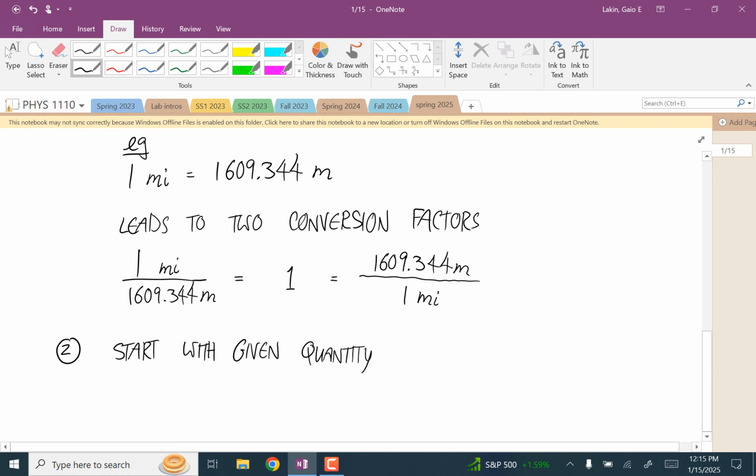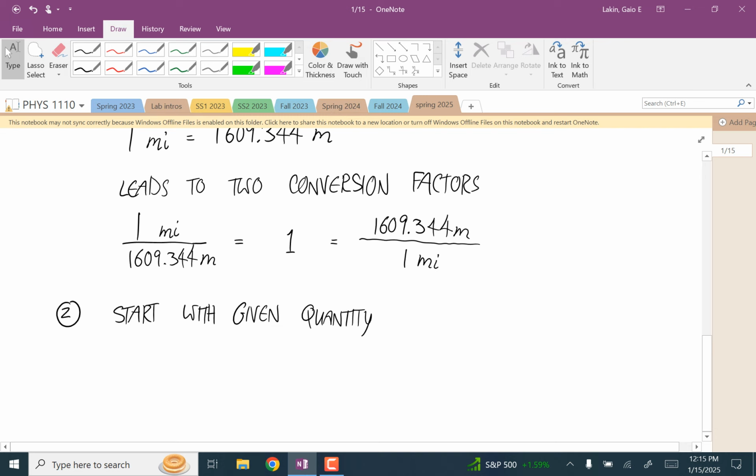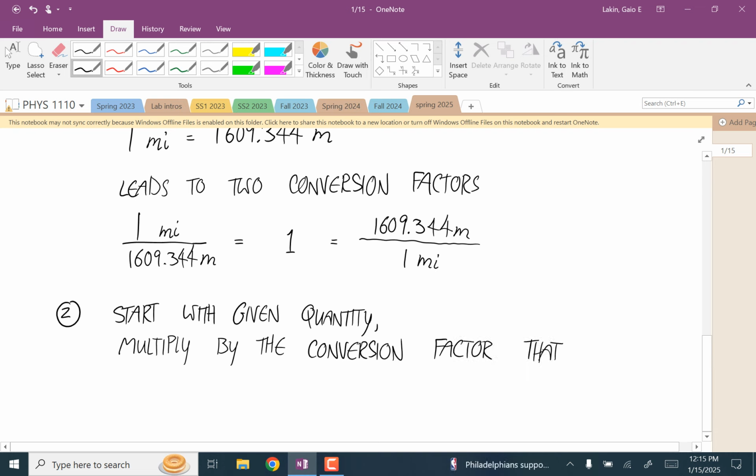The second step is to start with a given quantity, and I'm going to show how to use that conversion factor to change a unit type. So say you start with some given quantity. You always have these two choices of conversion factors. You want to multiply by the conversion factor that cancels the unwanted units.